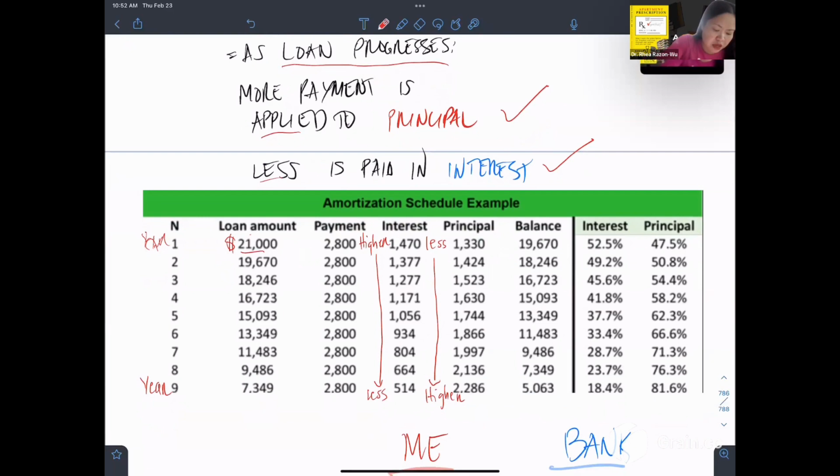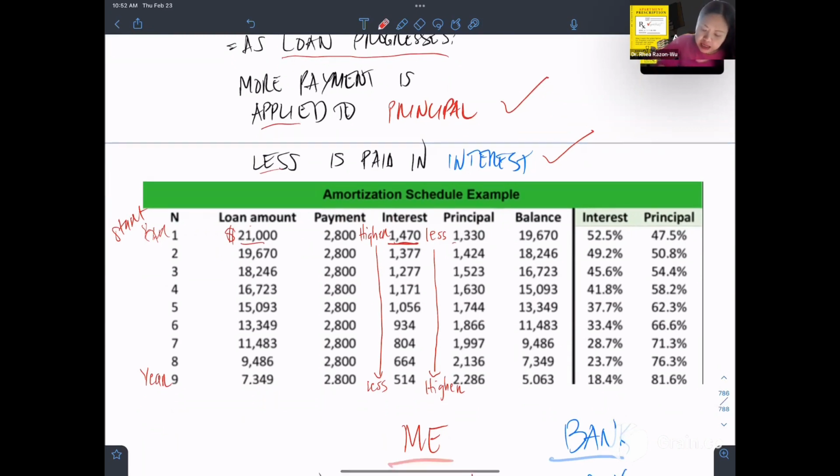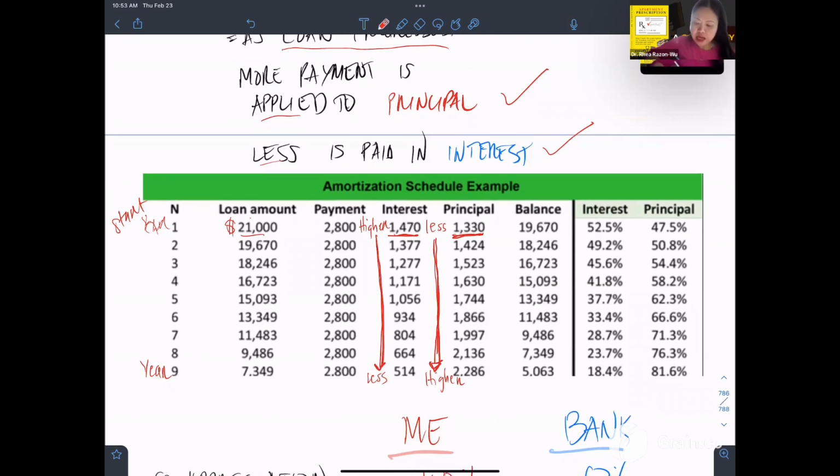At the start date of the loan, your mortgage payment goes more onto paying the interest and less on the principal. However, as you pay over the years, your principal payment is higher and your interest payment gets lower. Now, if you see here, this is the percentage.